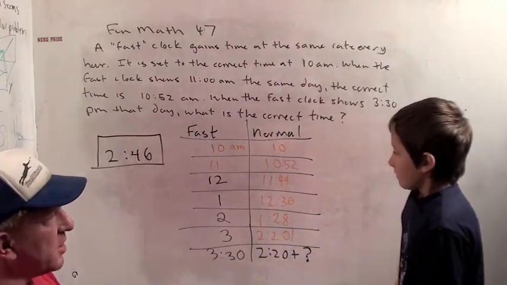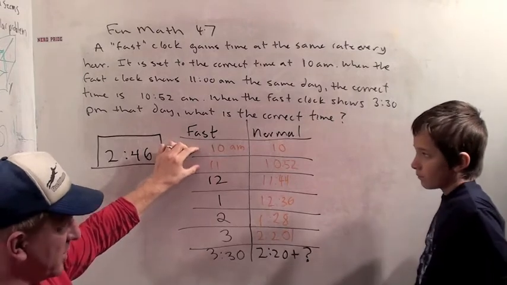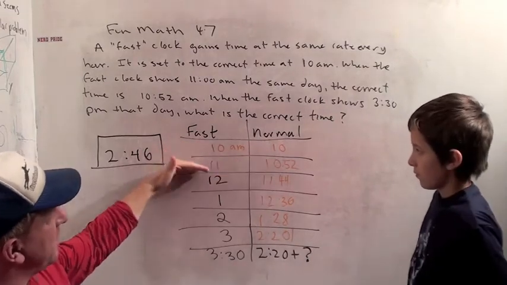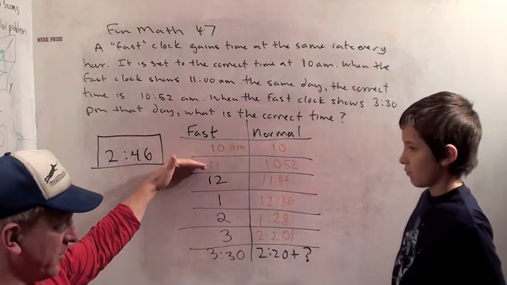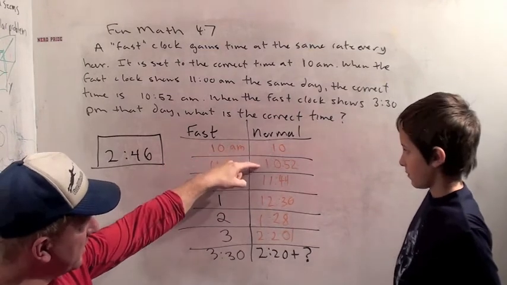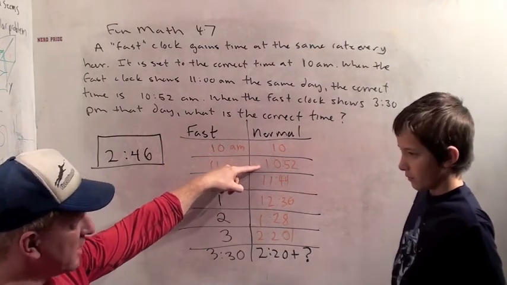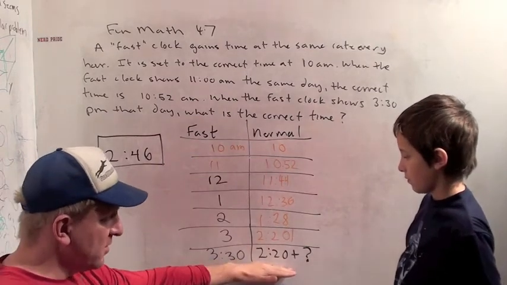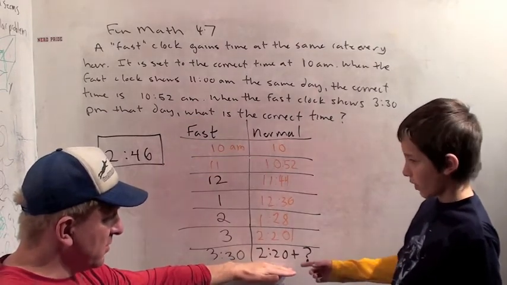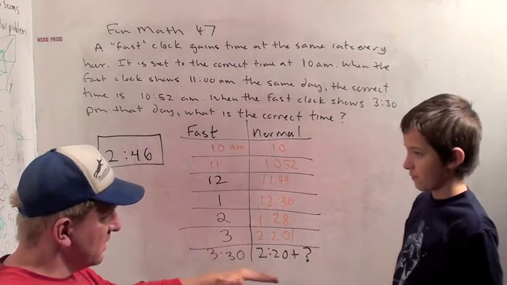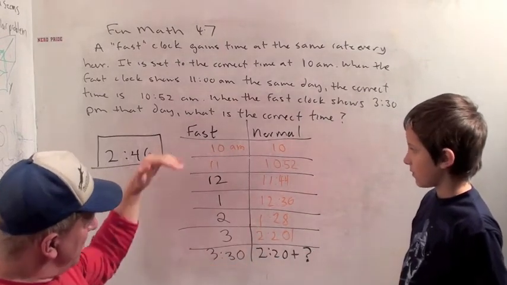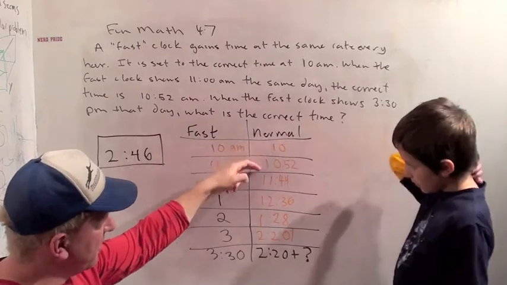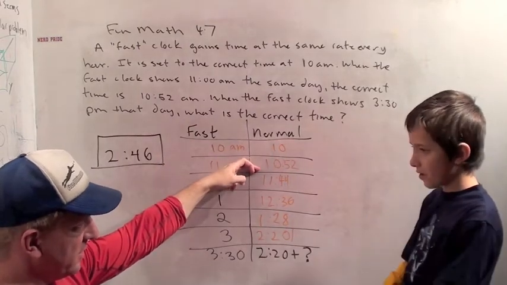The thing to notice here is that you compared hours and minutes. How many minutes does this clock pretend to go forward? 60. How many minutes actually went forward? 52. So you're comparing 60 to 52. Now you're comparing 30 to 26.